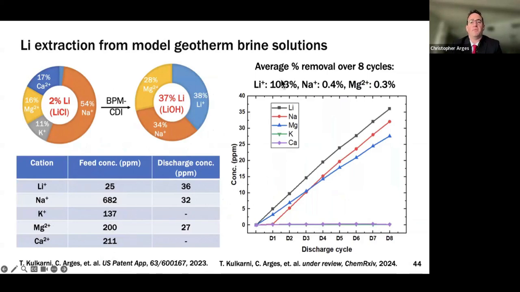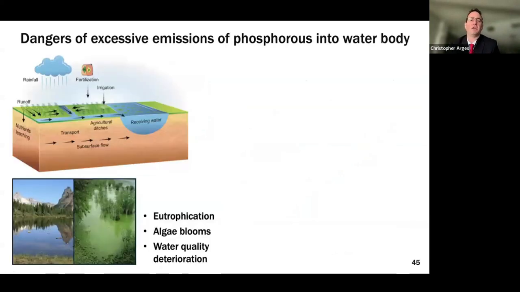And then after 8 cycles, you can see that most of our solution contains lithium, a little sodium, and a little magnesium, and doesn't contain any potassium or calcium. So this approach seems to work pretty well. And so what we're doing, right, is taking a selective electrode and a bipolar membrane working cooperatively to enable selective ion separation.